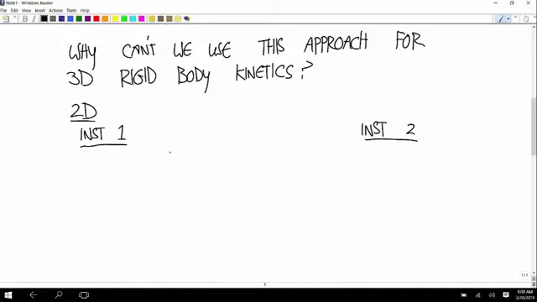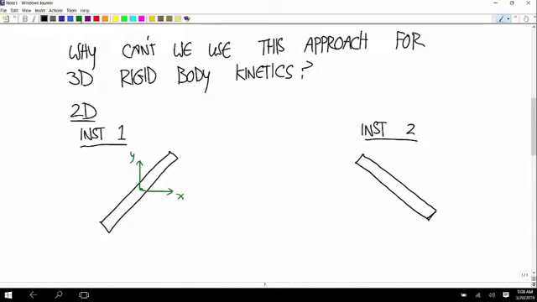At instant one, this board is in this position, and our coordinate system is this with the z-axis pointing out. At instant two, this board has moved to a new orientation. There's the coordinate system.